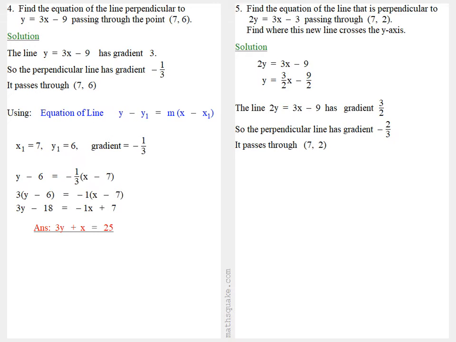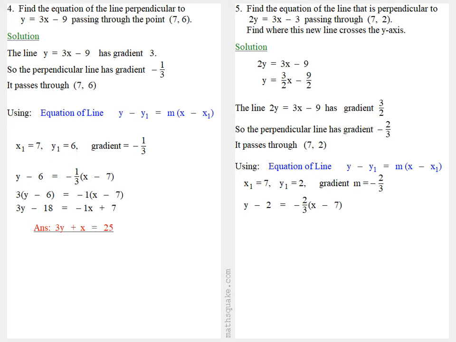And we know it passes through the point (7, 2). So, to find the equation of the perpendicular, we use the formula y minus y1 equals m into (x minus x1), where x1 is 7, y1 is 2, and the gradient is minus 2/3. So, y minus 2 equals minus 2/3 into (x minus 7).